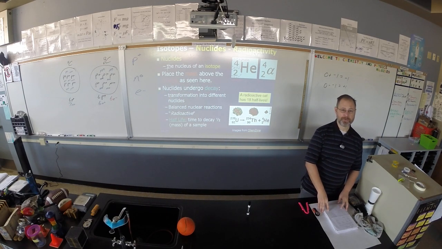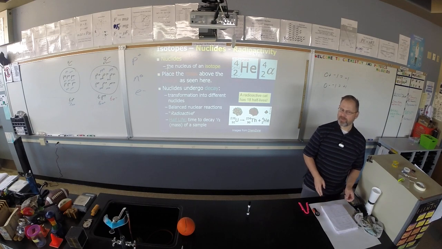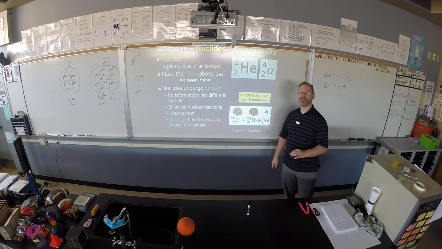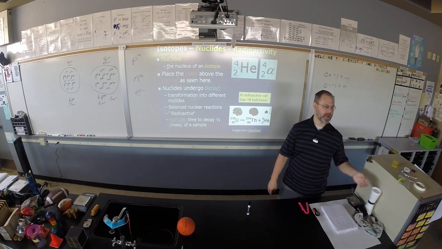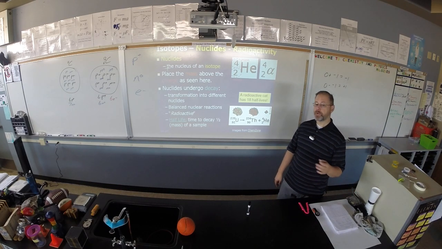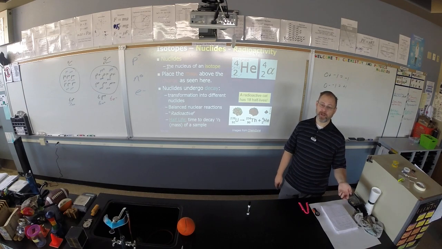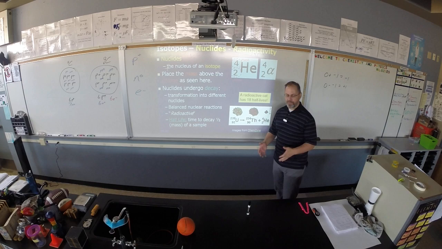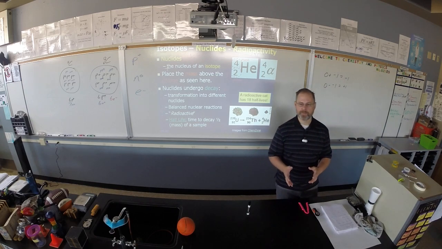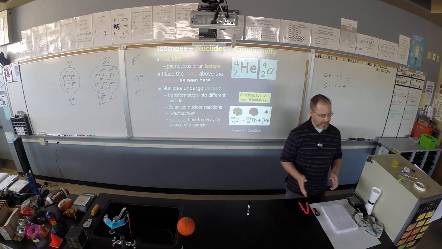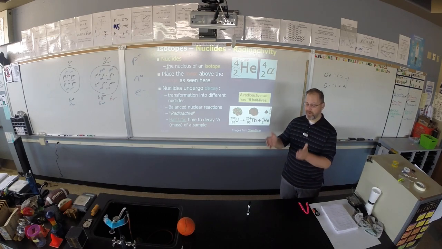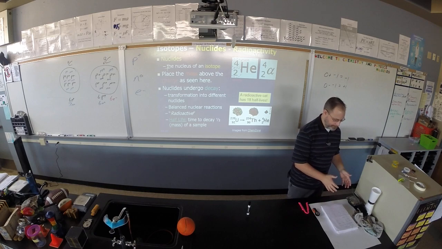Now sometimes it might be really obvious. Sometimes it's not as obvious. Half-life is the time it takes for half of something to decay. The half-life of your cake is the time it takes for your friends to eat half your cake. So the half-life, if you have 100 grams of uranium and half of it becomes thorium, that's the time it takes for half of the uranium to become thorium.